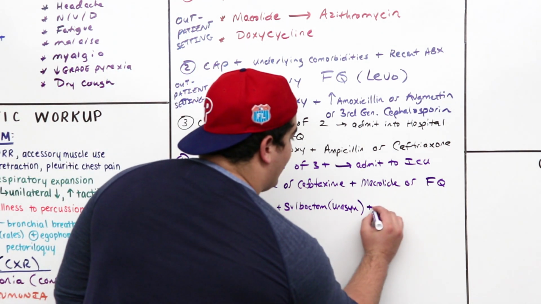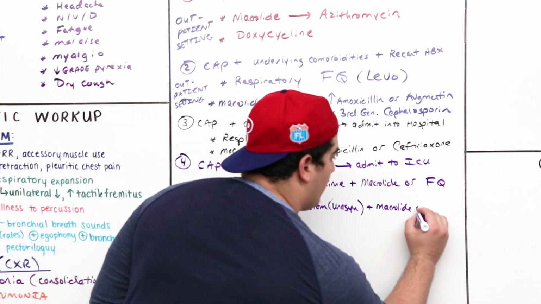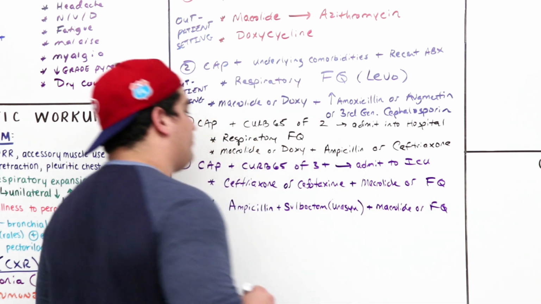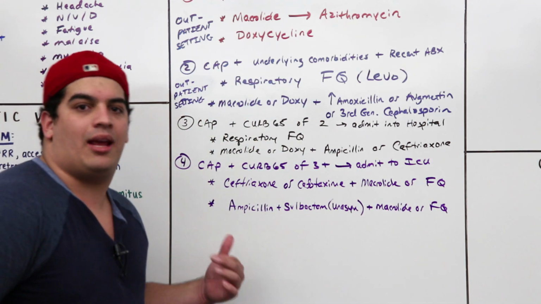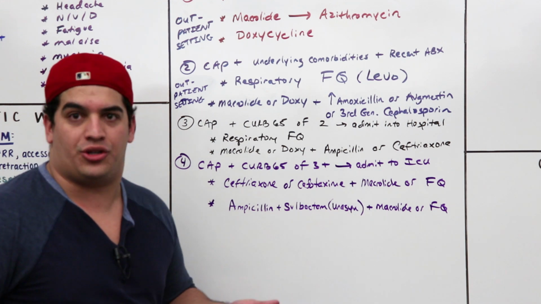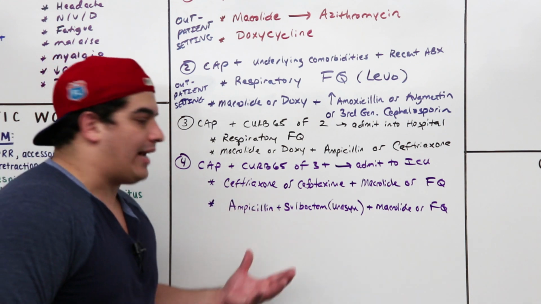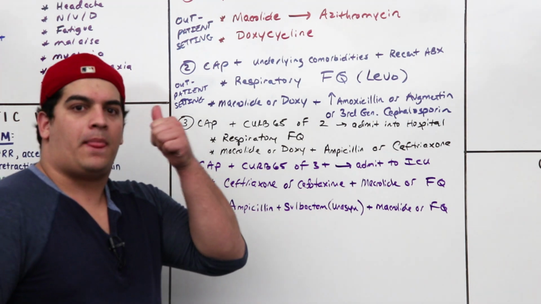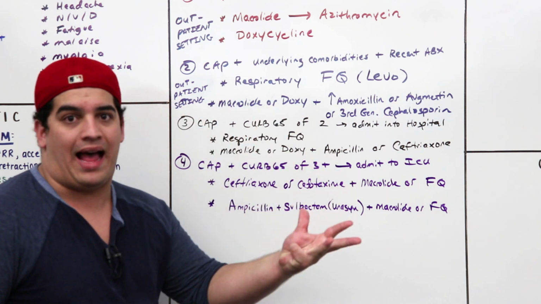This we can combine again with a macrolide or a fluoroquinolone. Now here's the next thing that you got to be aware of. If someone has a beta-lactam or a penicillin allergy, you have to be careful when you give them other antibiotics that are beta-lactam. So beta-lactams, I want you to remember penicillin, cephalosporins, carbapenems, and monobactams.